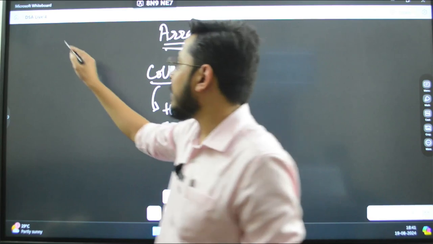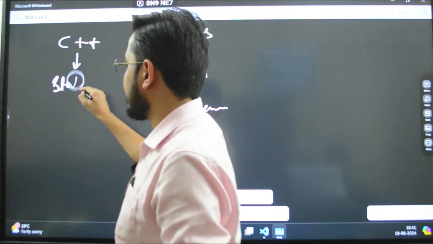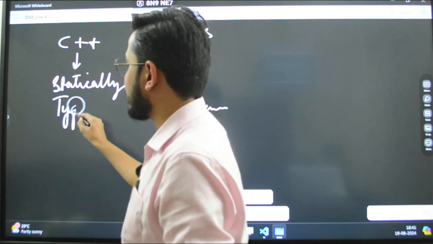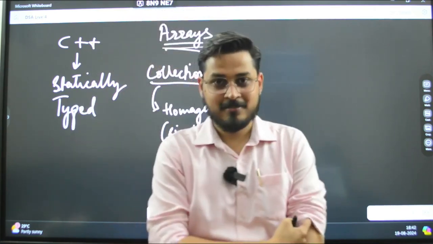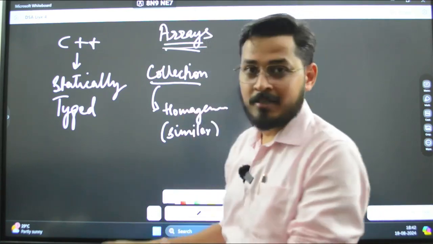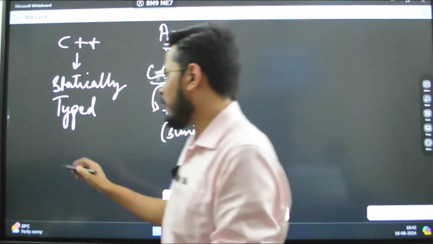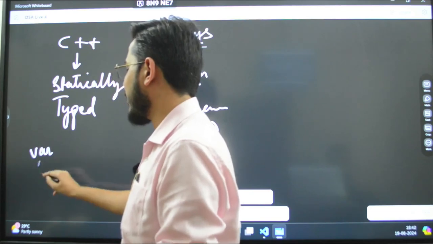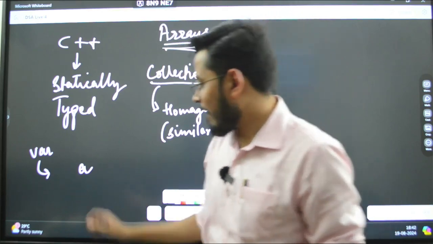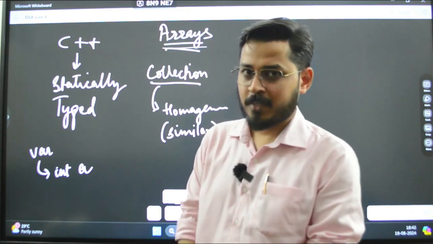Because ultimately C++ is a statically typed language. It is not dynamically typed like Python. Whatever you write here needs data types and return types. Take the example of a variable: if I want to create a variable A, I first have to write its data type, int A, correct?